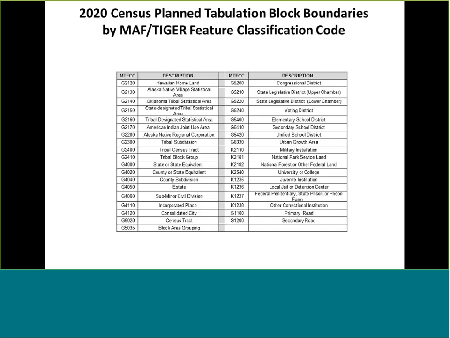You can see, just as James was talking about before, many of the legal boundaries, statistical boundaries, boundaries of major landmarks, and major roads are automatically held as block boundaries. And then there are other features like local roads, alleys, railroads, and perennial water that may or may not qualify as 2020 census tabulation block boundaries based on established criteria.